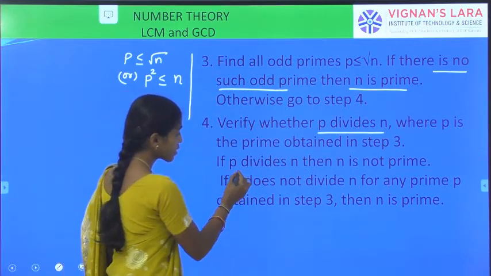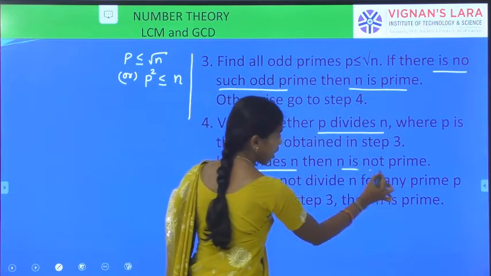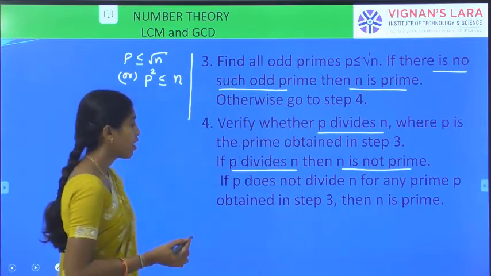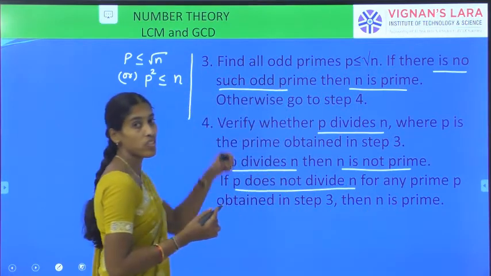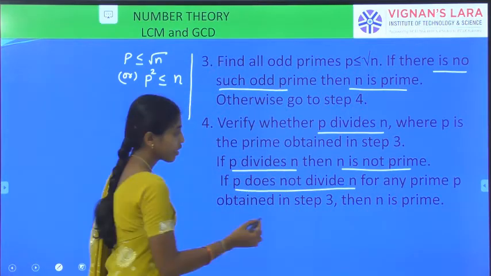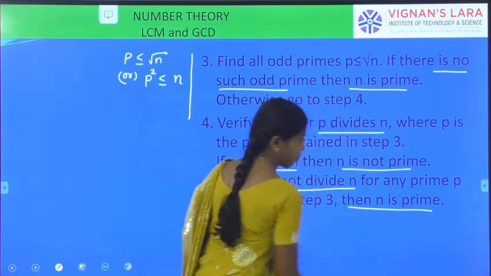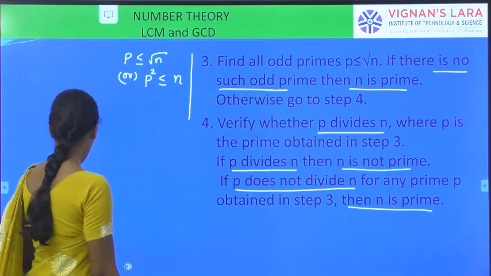We only go to step 4 if some primes satisfy p square less than or equal to n. If p divides n, then n is not a prime number. If p does not divide n for any prime p obtained in step 3, then n is a prime number. We will see one example.